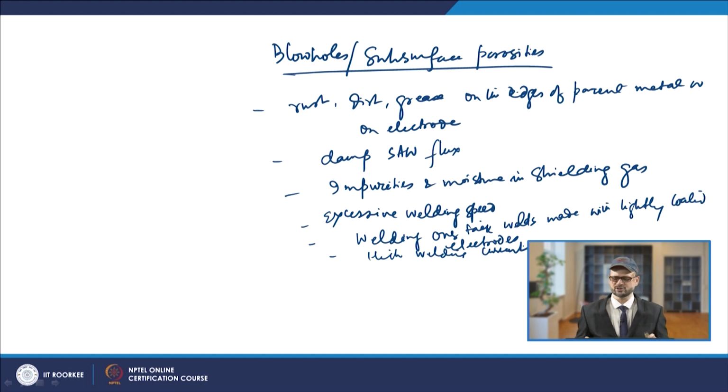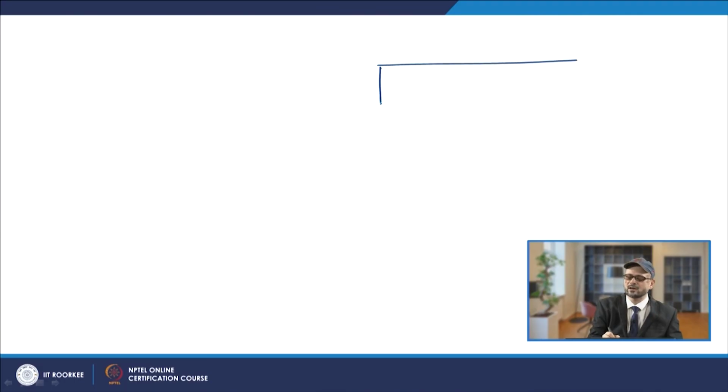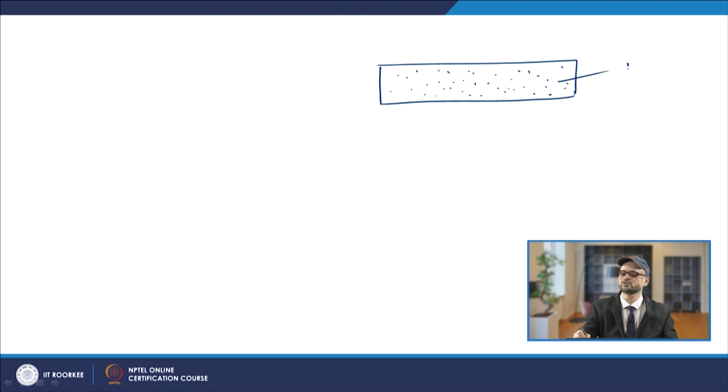And porosities basically are of different types. If you look at the porosities, we can have examples of these porosities. In the normal case, if you get the porosities this way, this will be basically the uniformly distributed porosity.